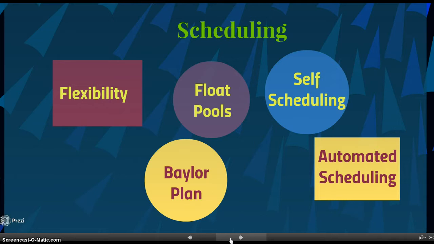And then you have the general float pool, and I think even Muhlenberg has their own float pool. So there's a lot of different options with that. And if there are people who are cross-trained, that allows for more flexibility with scheduling as well. So that's always a bonus if you have people who are cross-trained.